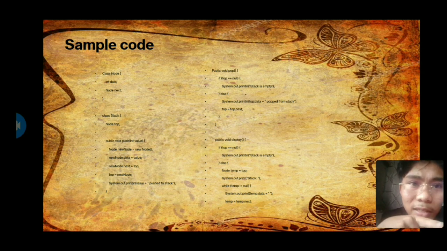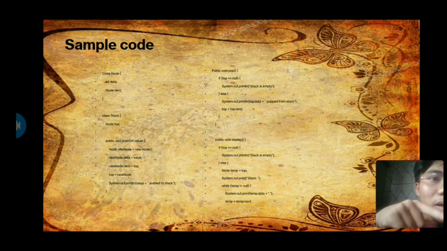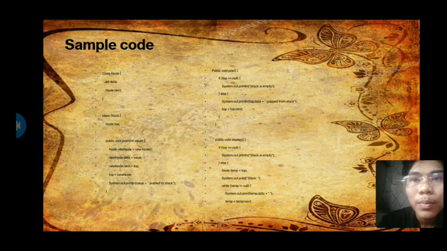Then in the class Stack, Node top is a variable that always points to the top element of the stack. When I call push, the program creates a new node, stores the value inside it, connects it to the current top, and then makes it the new top.